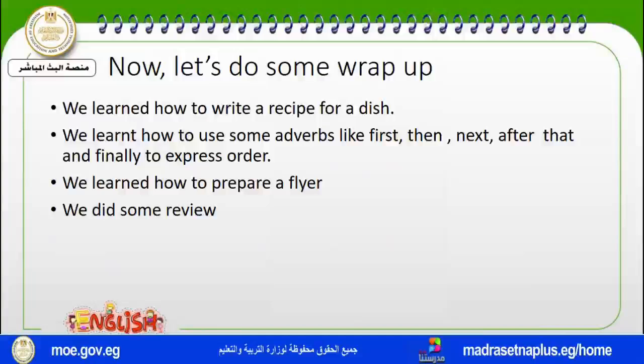The first was koshari. We knew about the ingredients and the detailed steps to make koshari. We also knew about molokhia and the ingredients and step-by-step preparation to make molokhia. These were our recipes for today.